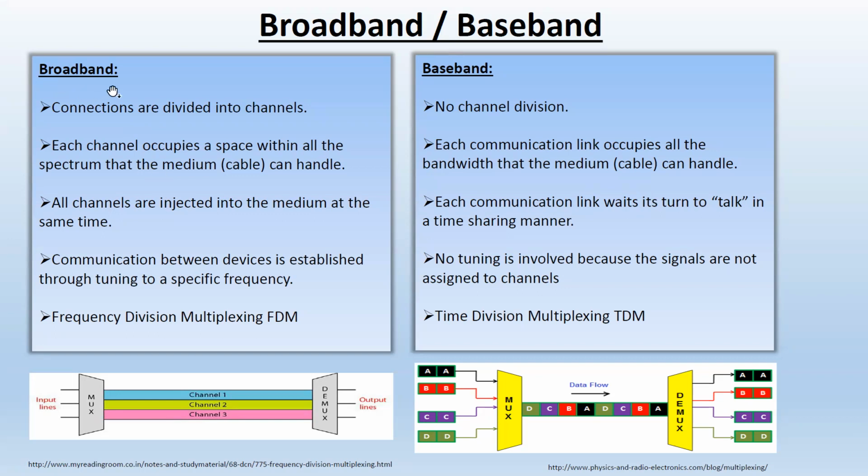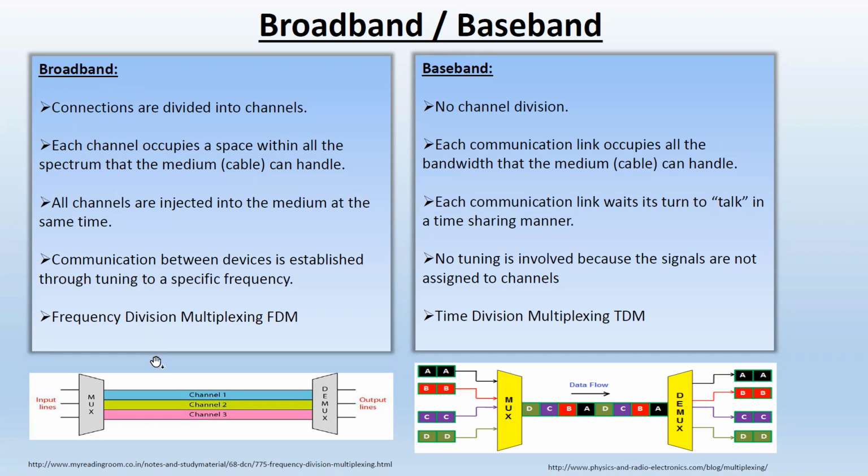Broadband transmission. All the frequencies are present. All the channels are present. All the content is present constantly in the air or in the cable, because cable can also carry radio transmission. In fact, coaxial cable is called radio guide, RG, to carry radio frequency channels.